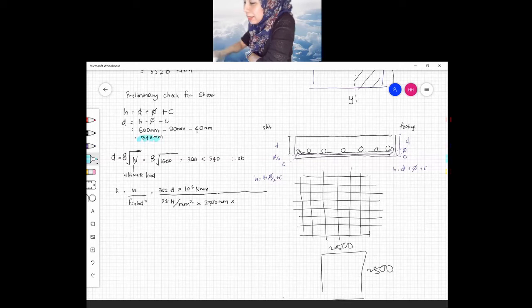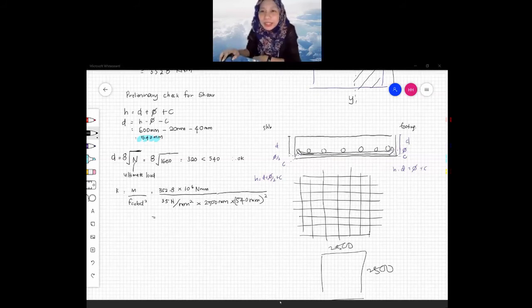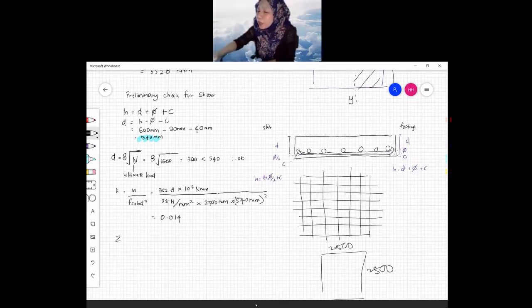Ambil je 540 mm, kuasa 2. Okay, so kita akan dapat some values here. 0.013. So 0.014 lah. Okay. Then we need to find z. So 0.5 plus, as usual lah, square root of 0.25 minus K divided by 0.9.